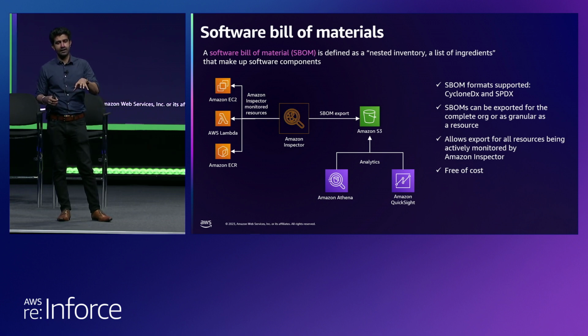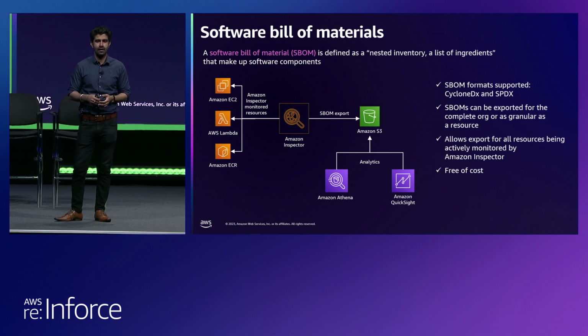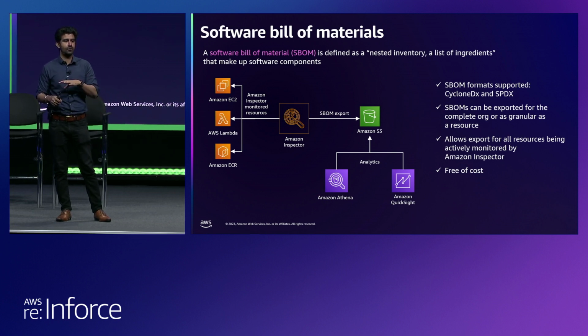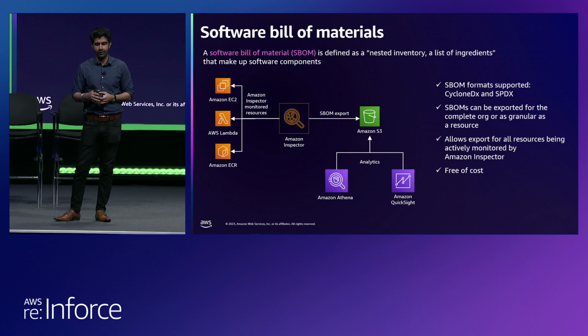After it is exported to an S3 bucket, you can run Athena queries on it to identify things like which package has been most adopted in your organization. And even if it doesn't have a CVE right now, having that whole preview of what your overall software supply chain looks like will give you a lot more visibility into what you have, and if a new CVE is published, how it might impact you depending on what resources you have.